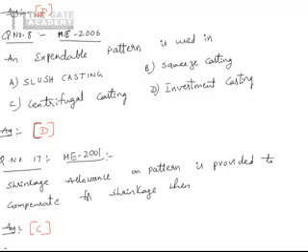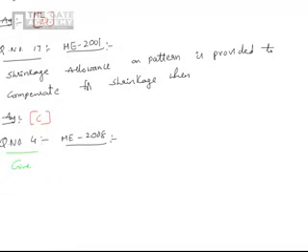Next, question number 4. GATE 2008. While cooling, a cubical casting of side 40 mm undergoes 3%, 4%, 5% volume shrinkage during liquid shrinkage, phase transition to solid state, and solid shrinkage respectively.